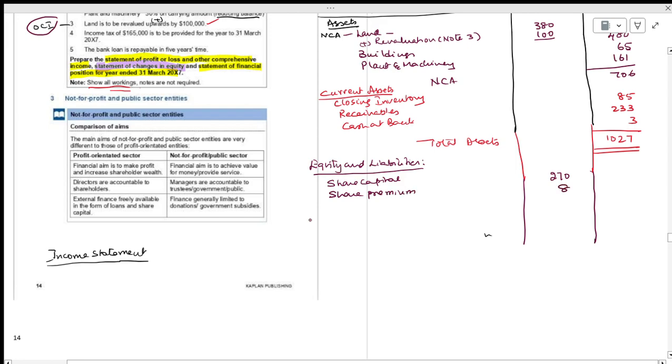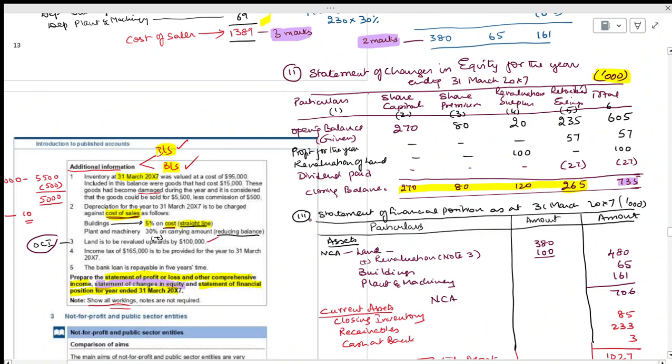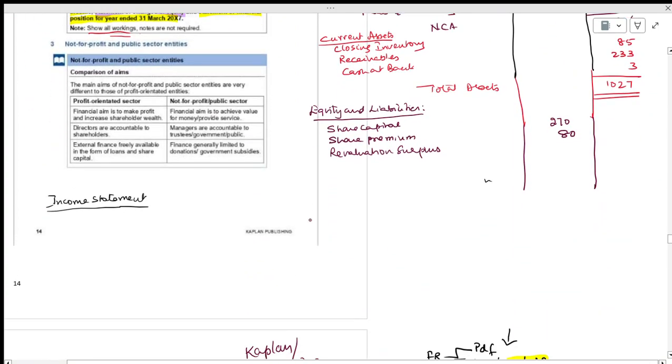Equity and liabilities. Next, revaluation surplus is how much? 100. What is the total of the revaluation surplus? 120.